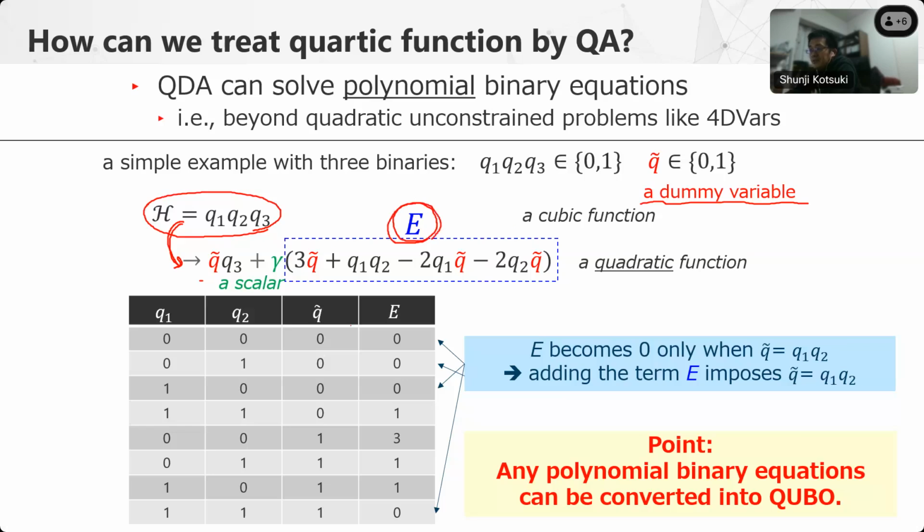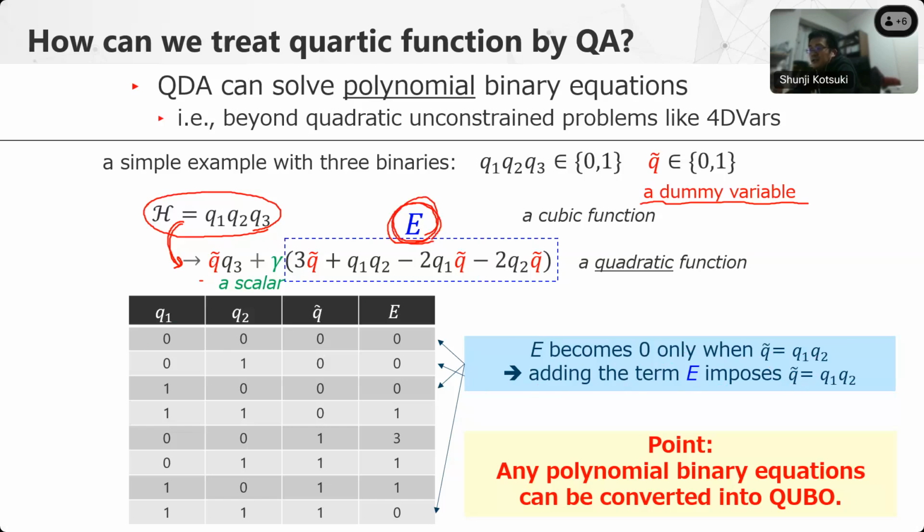If we think about all combinations of Q1, Q2 and Q tilde for this part E, this E becomes 0 only when Q tilde equals Q1 and Q2. So adding this additional term E imposes that Q tilde is always Q1 and Q2.